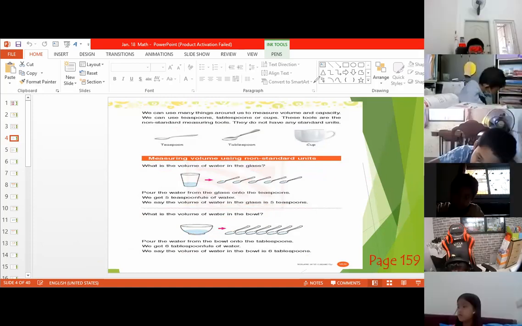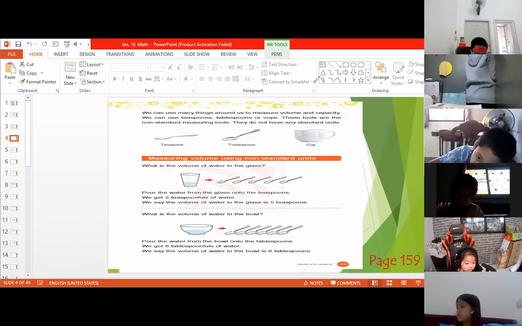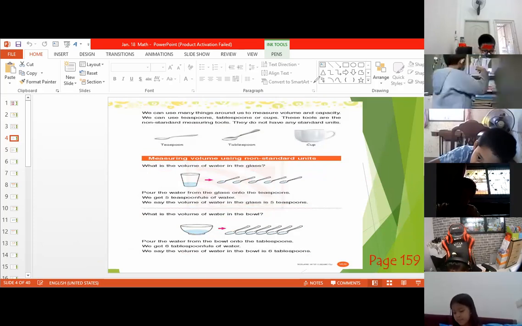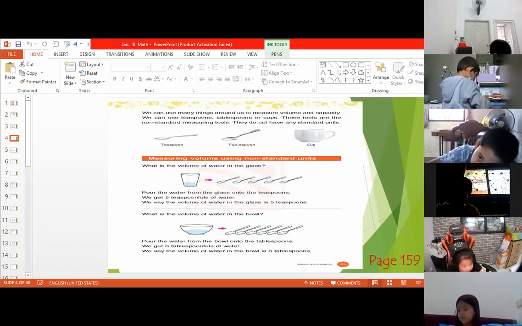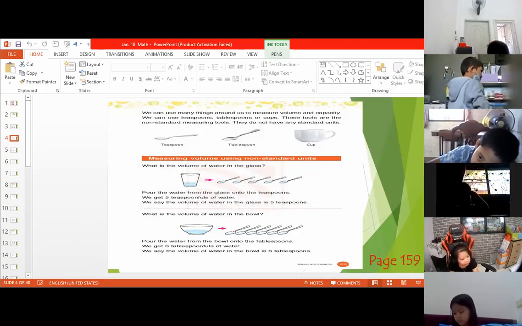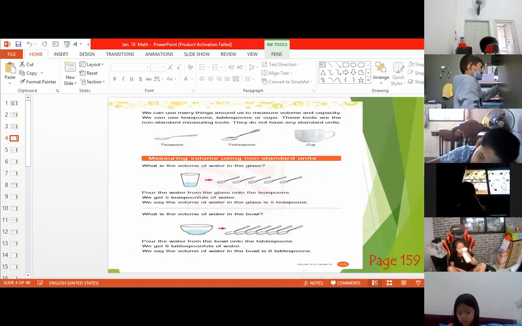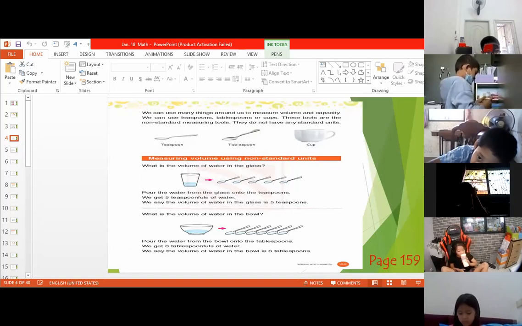How to get the volume of a thing? Do you get it? Okay, I will give you an example. Go to your kitchen and put water inside a glass and get a spoon and try to measure how many spoons of water you put in the glass.